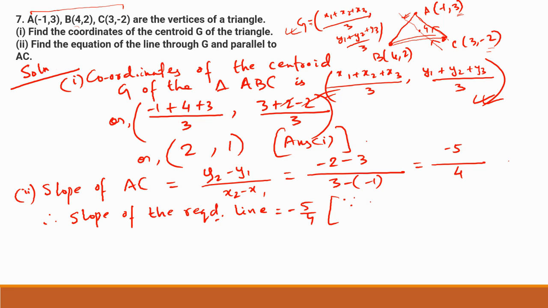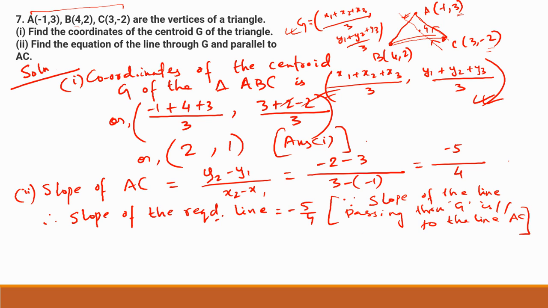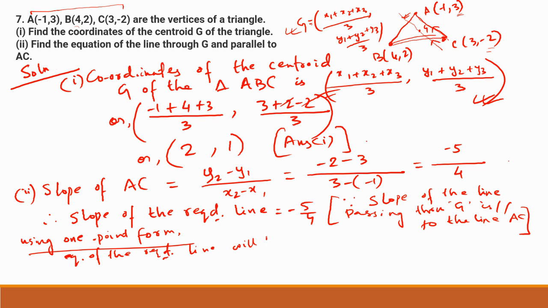Reason: since the line passing through G is parallel to the line AC, their slopes are the same. So again, using the one point form, the equation of the required line will be y minus y1 equals m times x minus x1, which implies y minus y1, where y1 is 1 here, right?